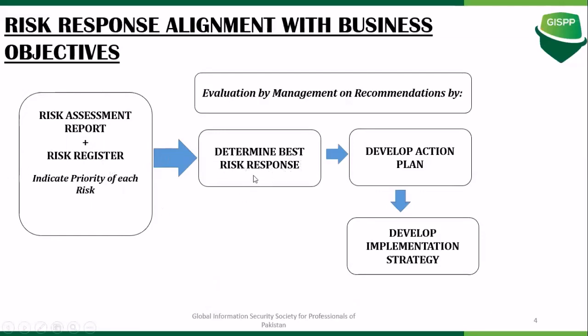How they determine the best risk response is something we will check further. Once they have determined the best risk response, they develop an action plan, and for the action plan, they develop an implementation strategy. Now, this is not a silver bullet. This is just to give you an idea about the chain of actions adopted by various organizations. They may be worded in a different manner, but you have to understand largely how these things work.